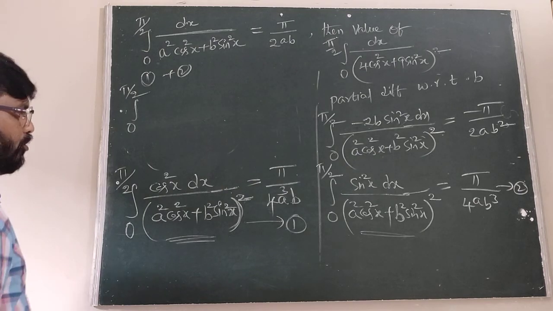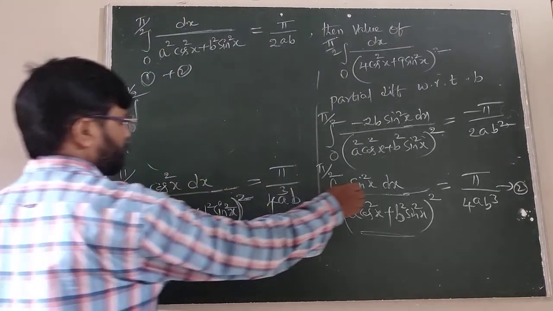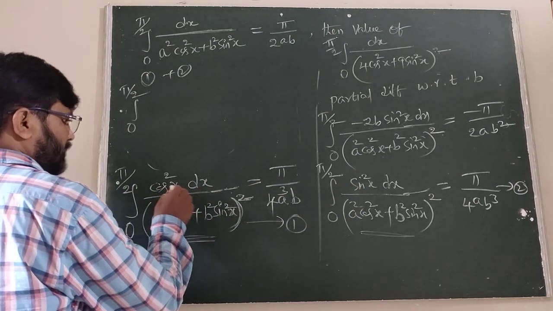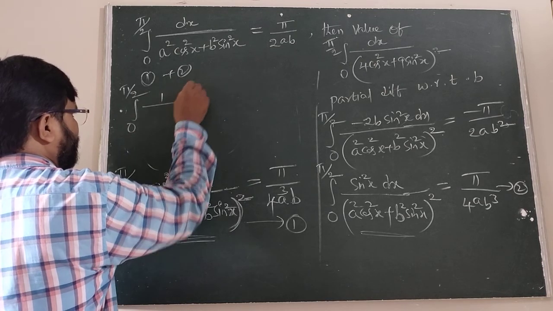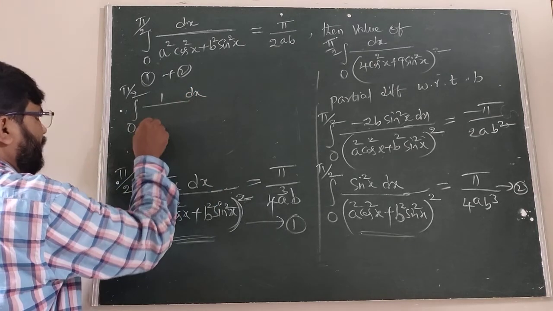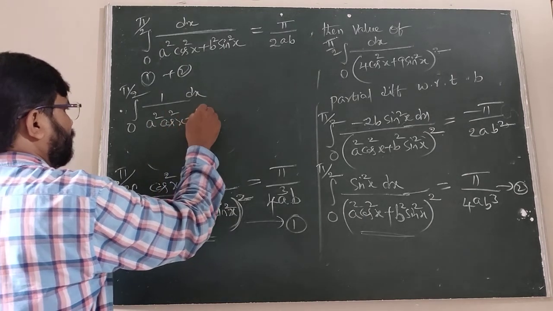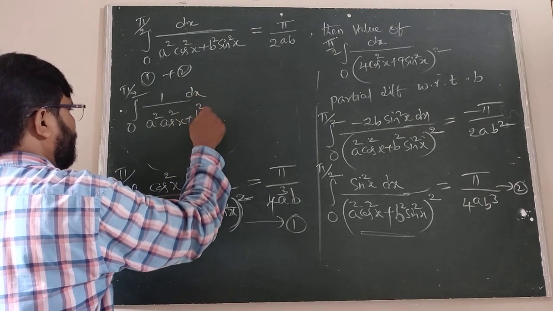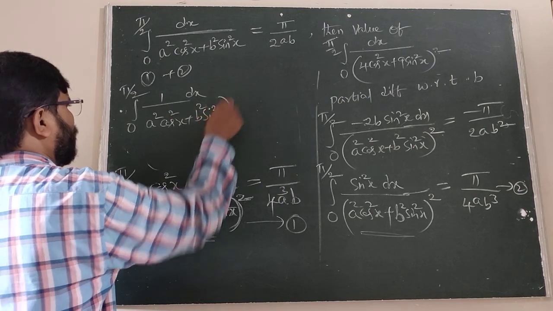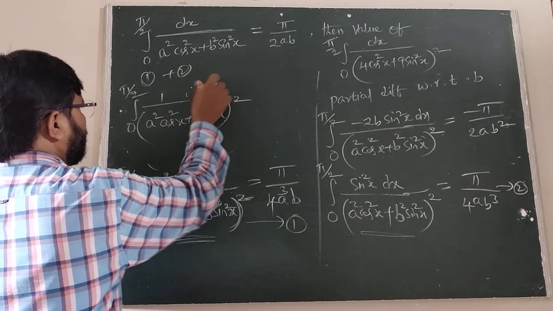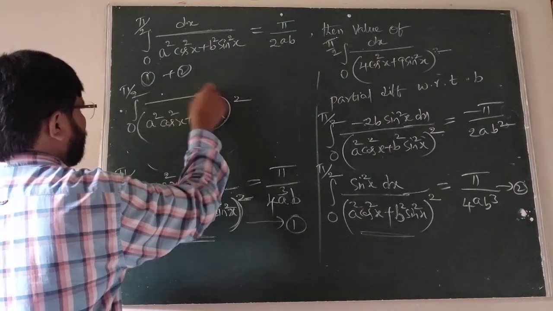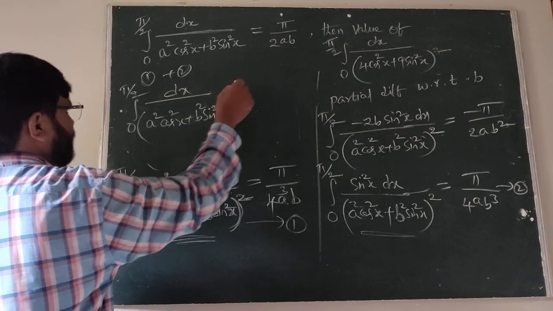Now adding the numerators, sin square x plus cos square x is 1, dx whole by (a square cos square x plus b square sin square x) whole square. Is it clear?